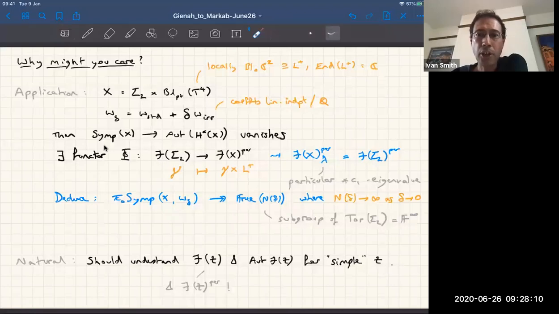And what this functor really does is it identifies a summand of the Fukaya category of X corresponding to a particular c1 eigenvalue with the derived Fukaya category of the surface. And using this, one sees that autoequivalences of the Fukaya category of this blow-up map to autoequivalences of the Fukaya category of the surface and hence to the mapping class group.